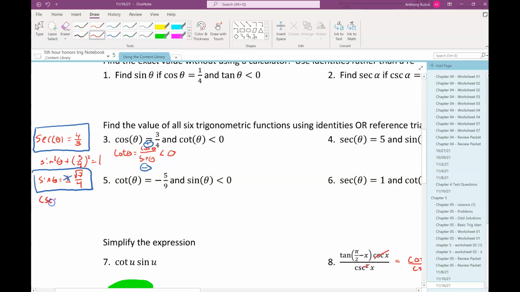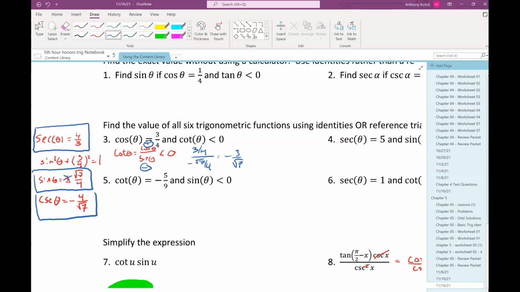And since I have that, cosecant then is just going to be the reciprocal. You would want to rationalize that denominator. I'm just going to leave it for now, though, and leave that part to you. And then to get cotangent, I'm going to take cosine, divide it by sine, so again, I get negative 3 over root 7.